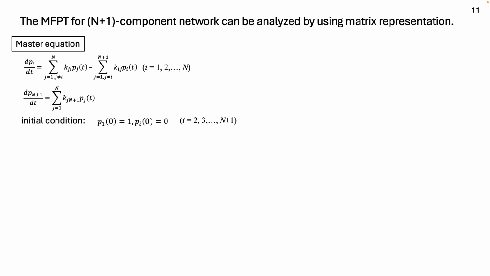We consider an N+1 component network. But the formulation is the same. The master equation is here. It's the same. And then P n+1 is 1 minus the summation of Pi. So we analyze the first equation.